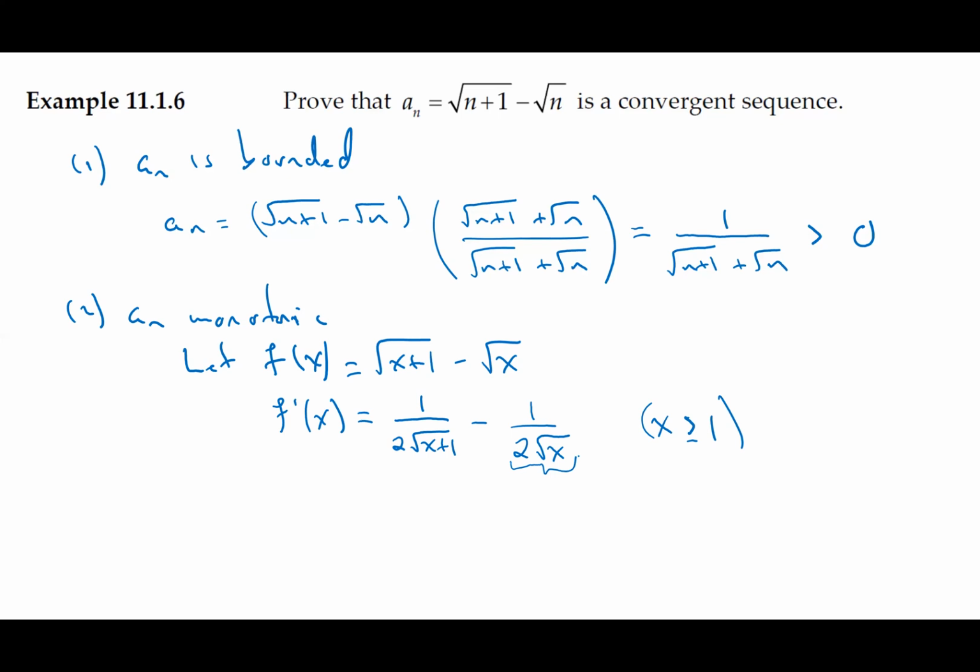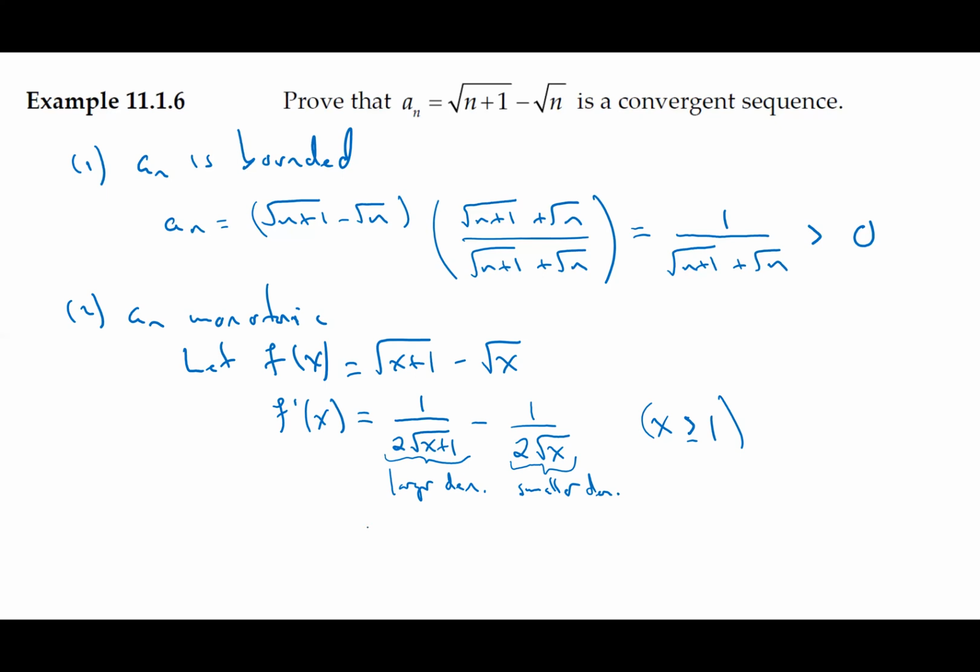This is a smaller denominator. That one is a larger denominator, which means this first quotient is positive but smaller than the positive second quotient.